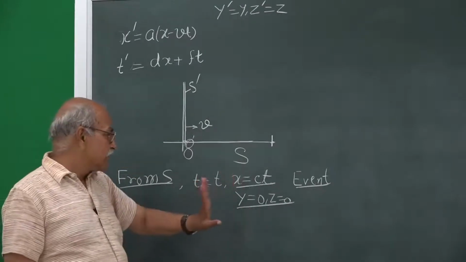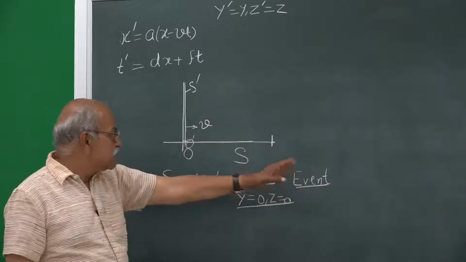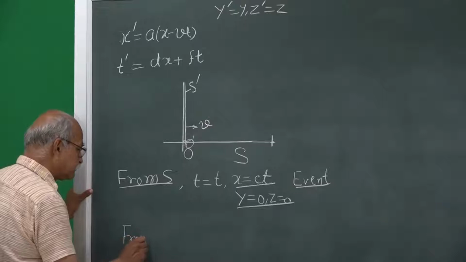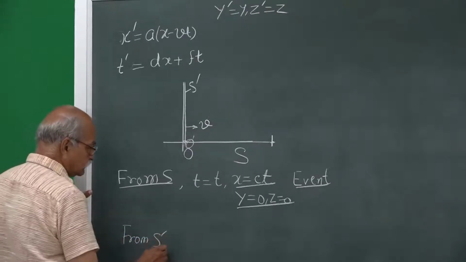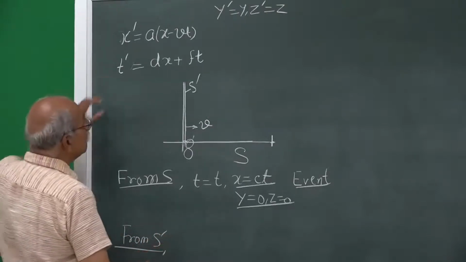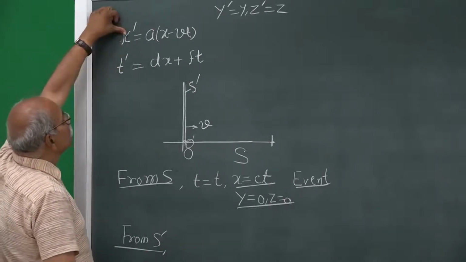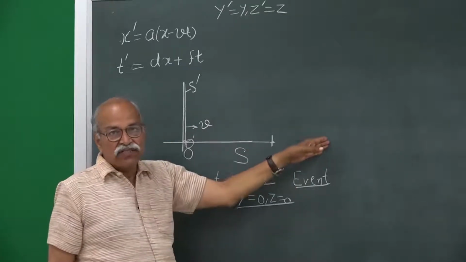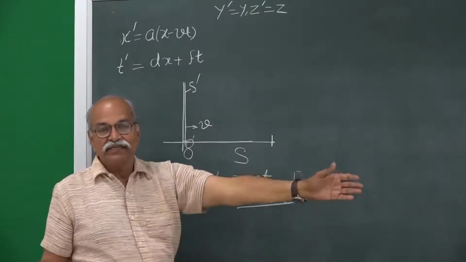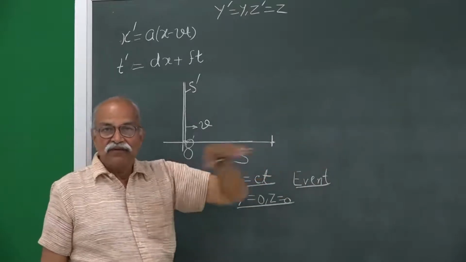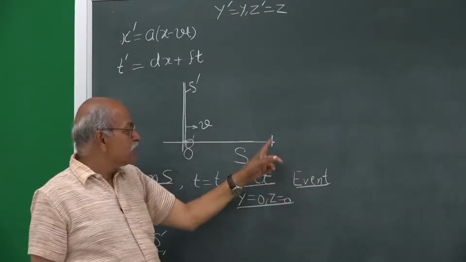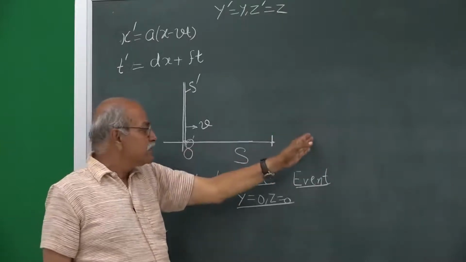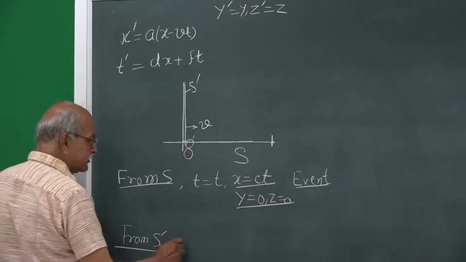Now, if the same event is seen from S prime, we use the transformation equations. From S prime also, this event is on the x axis, because the x axis and x prime axis are on the same line. So, this event has taken place on the x prime axis, with y prime 0 and z prime 0.